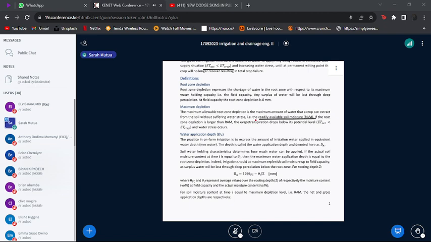And then you will multiply by 10 in order to convert that moisture content by volume basis into millimeters. So it is P times (theta FC minus theta PWP), and you put it into brackets. Then we have water application depth, which is also denoted as DA.